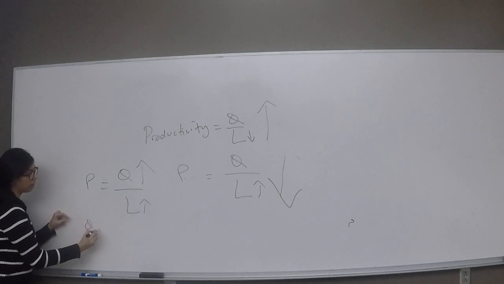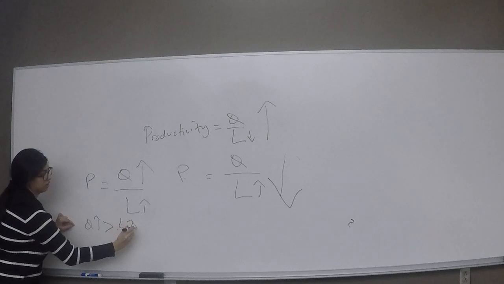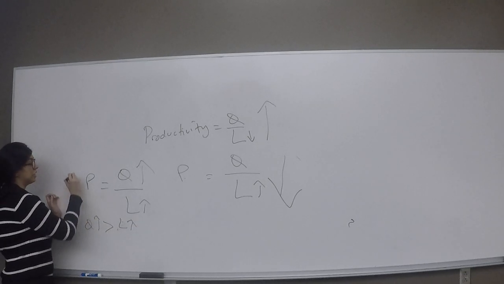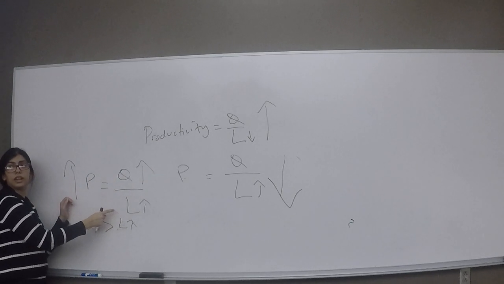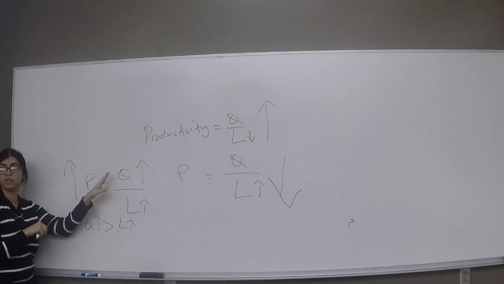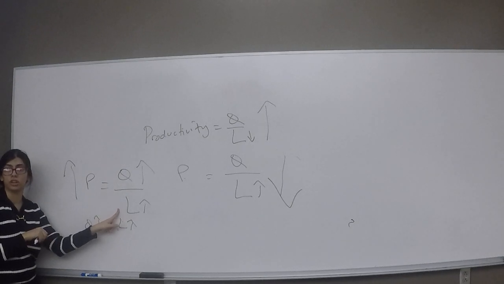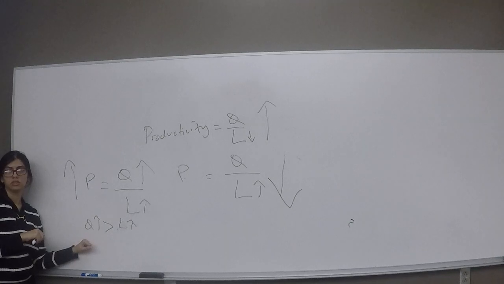So the increase in quantity is greater than the increase in labor. What's going to happen to productivity? It's going to increase, because the quantity increase is greater than the labor increase. The numerator is increasing more than the denominator. That's just how fractions work. Okay?